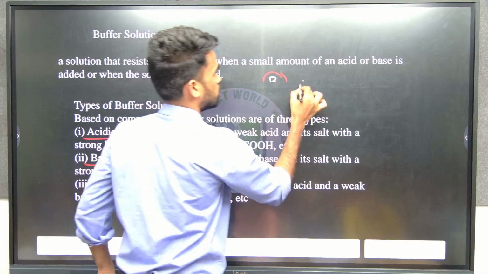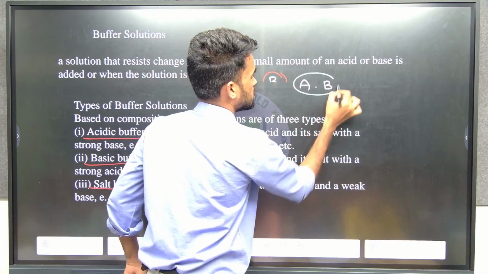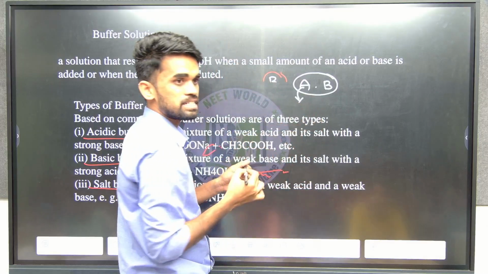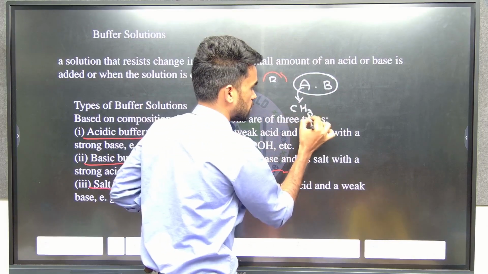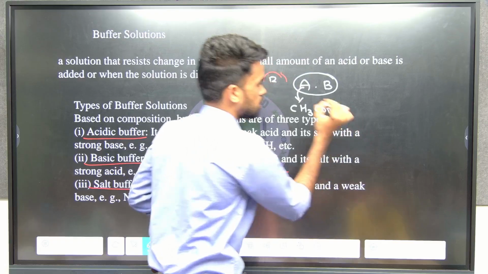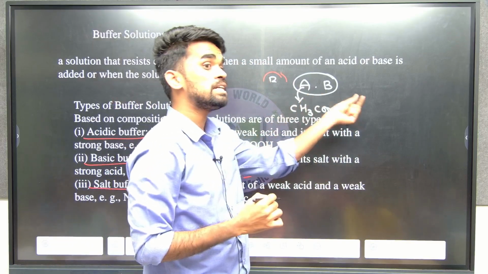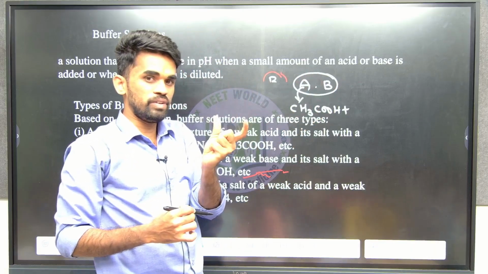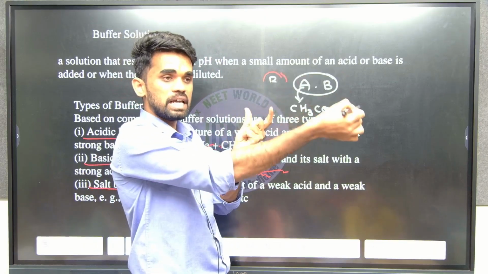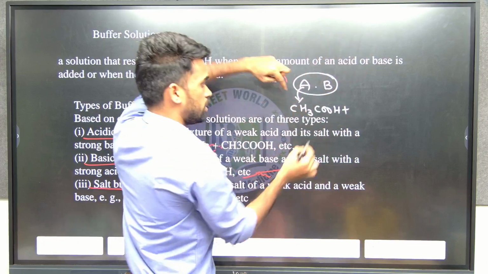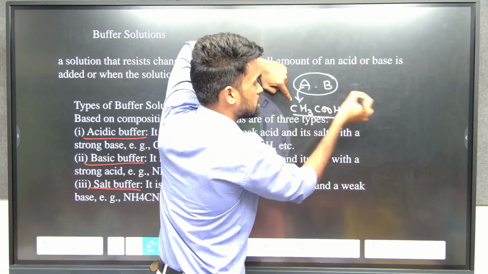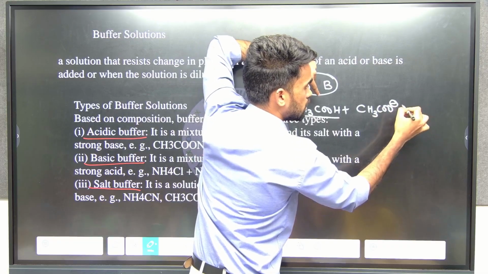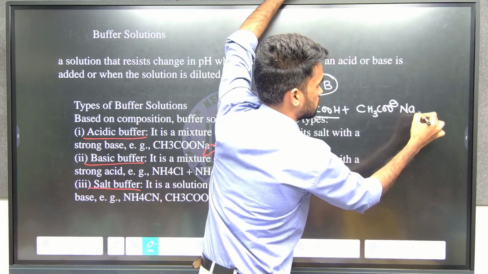First, acidic buffer. What is this? Acidic buffer. So in acidic buffer, you take a weak acid. Give one weak acid example. Acetic acid you take, plus salt of this weak acid. What I gave in the general formula? Weak electrolyte plus salt of that weak electrolyte, strong electrolyte. This is the weak electrolyte. Then the salt, it should be acetate ion plus something like Na plus ion.